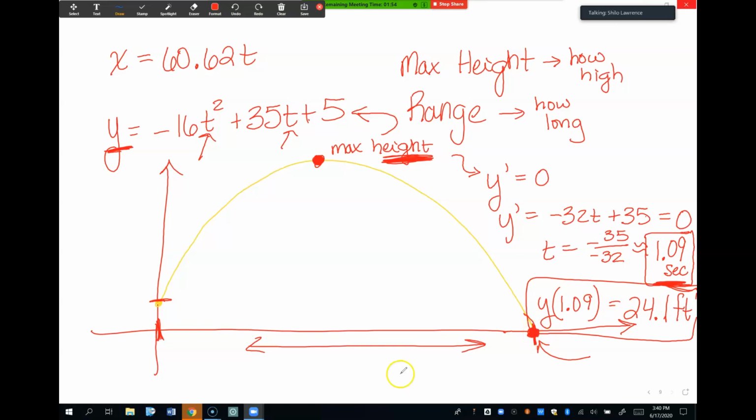So to figure out range, we start with setting our y equation equal to 0. That will tell us when it hits the ground. So we're going to figure out a time for when it hits the ground. Once we know the time that it hits the ground, we can just plug that back into the x equation, because the x tells us how far we move horizontally.